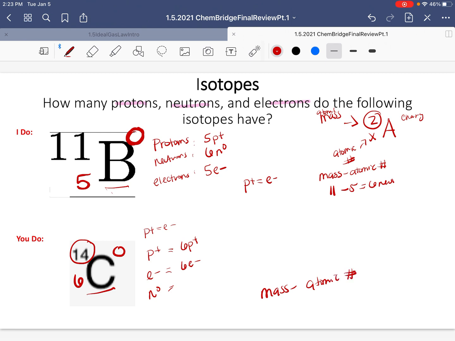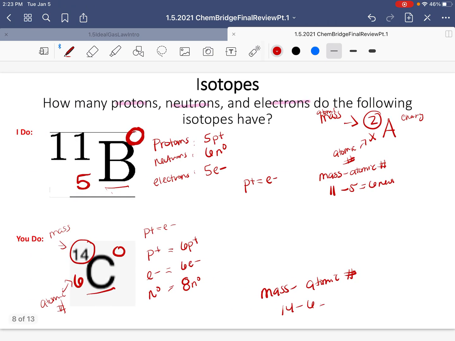Based on this setup, I know that my mass is on top and my atomic number is on bottom. So all I have to do is subtract 14 minus 6, and that will give me my neutrons. So 14 minus 6 will give me 8. So I have 8 neutrons, and that's it, guys.